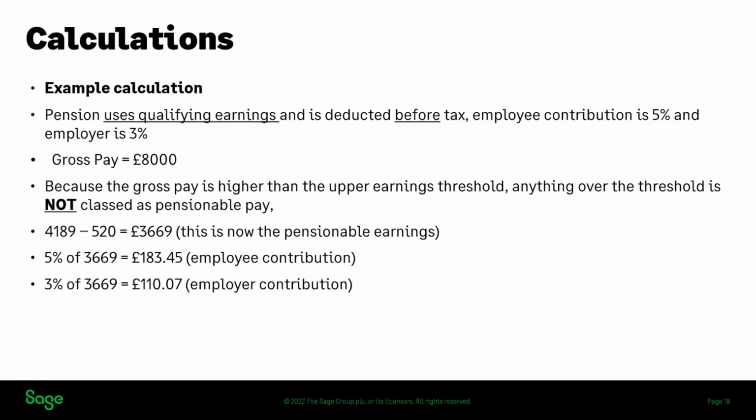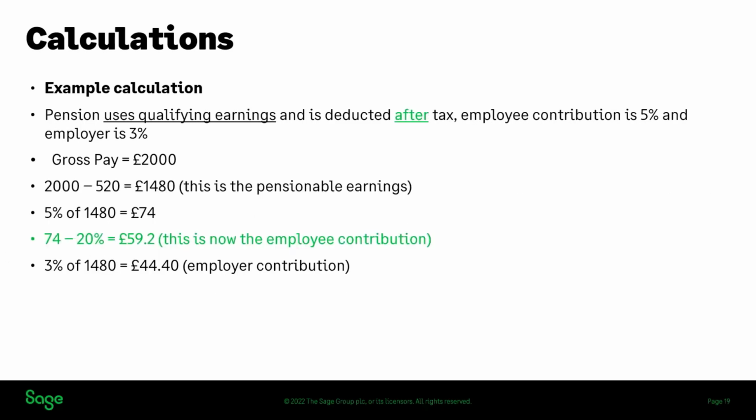We then take 5% of that figure and 3% of that figure, and that gives us the employee and employer contributions. So for any gross pay that is over the upper earnings threshold, it just means you have to take the upper earnings threshold and deduct the lower earnings threshold. And like I said, ultimately, it's almost a cap on what contributions are.